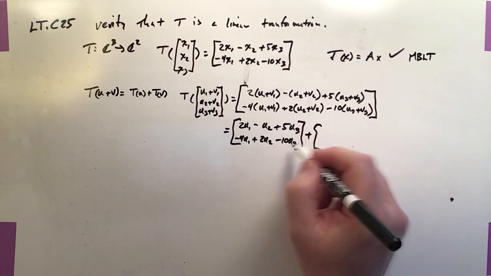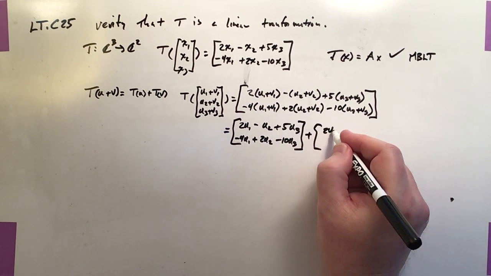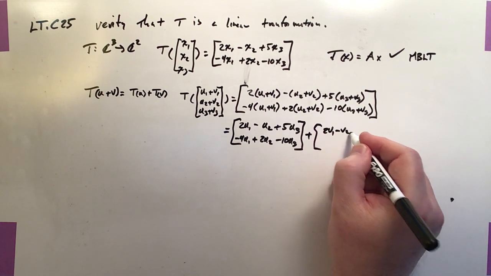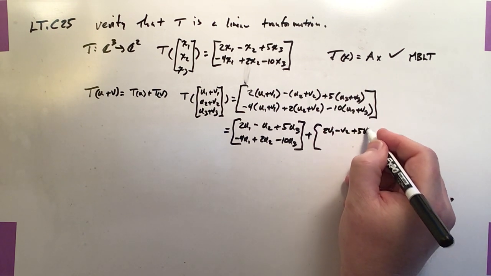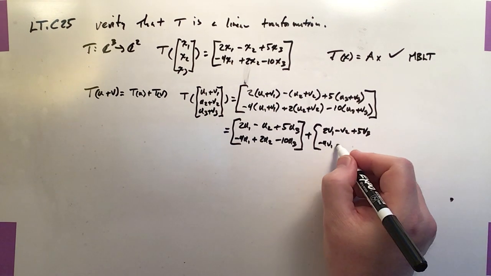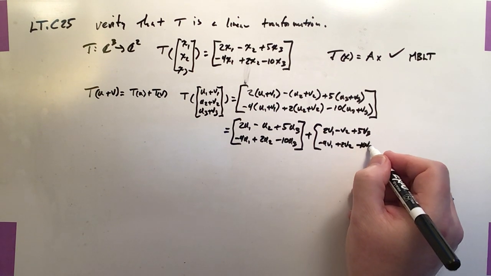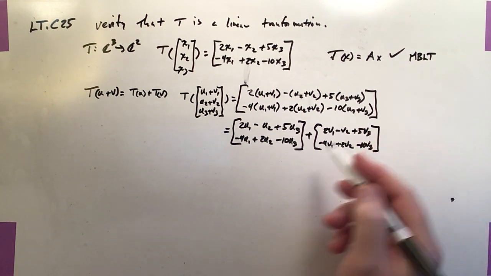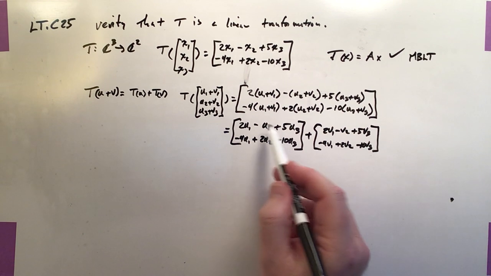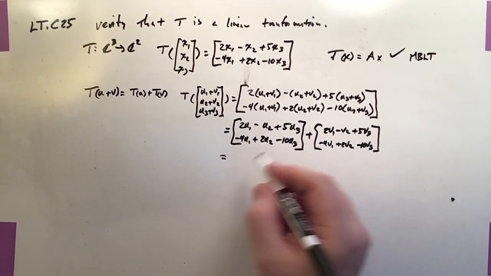Again, we did this just by factoring. The second one is 2v1 - v2 + 5v3, and on the bottom it's -4v1 + 2v2 - 10v3. If you look closely, this is just the linear transformation applied to u, and this is the linear transformation applied to v. So there's our verification.